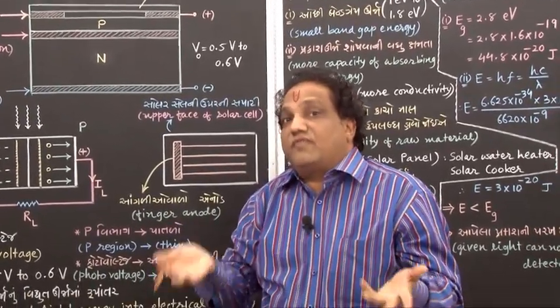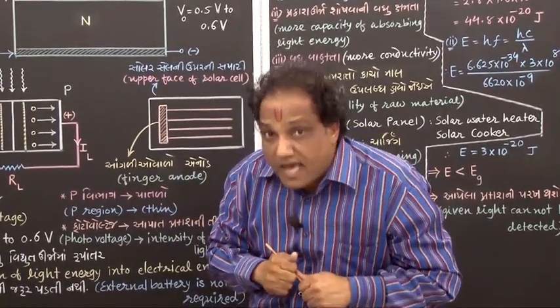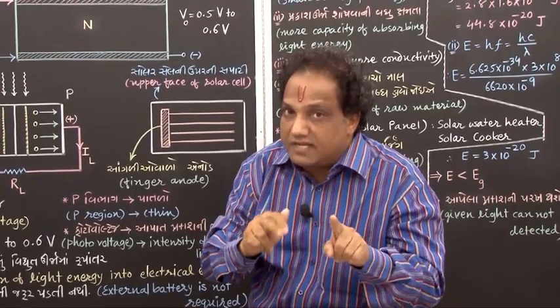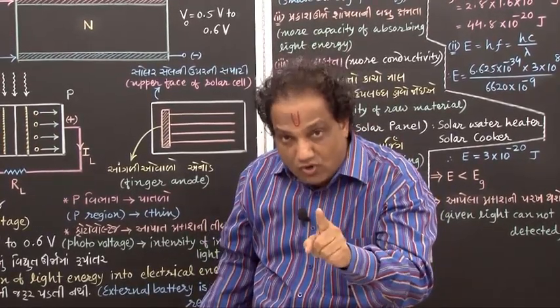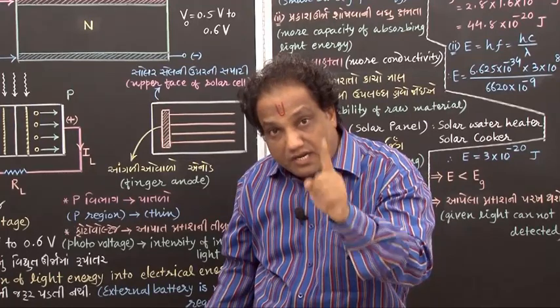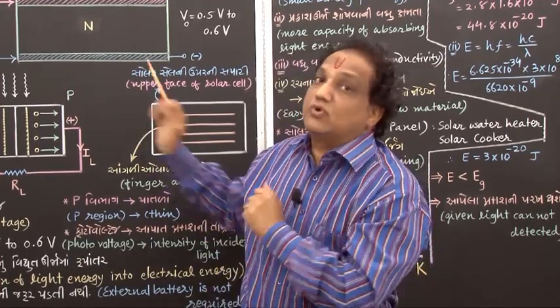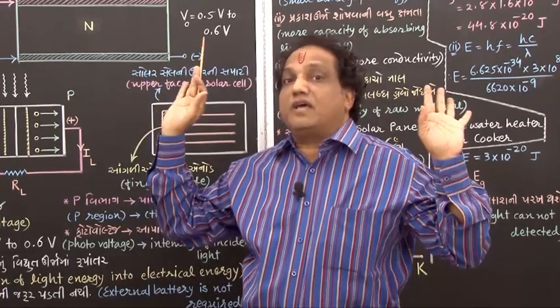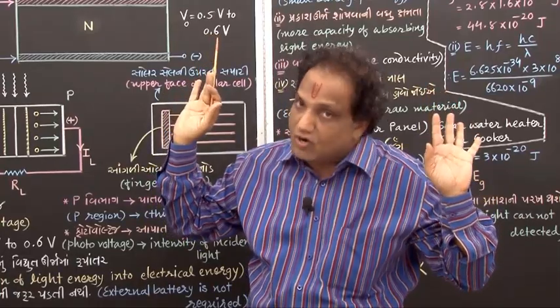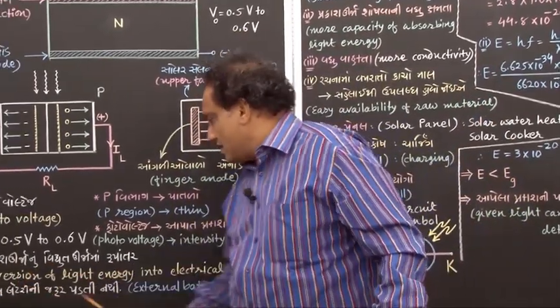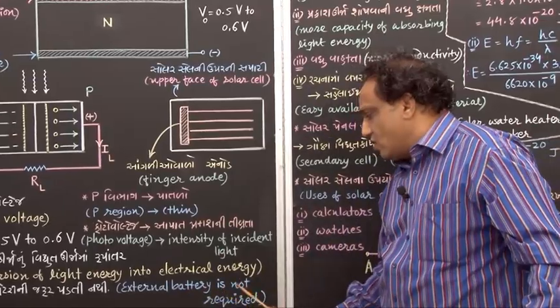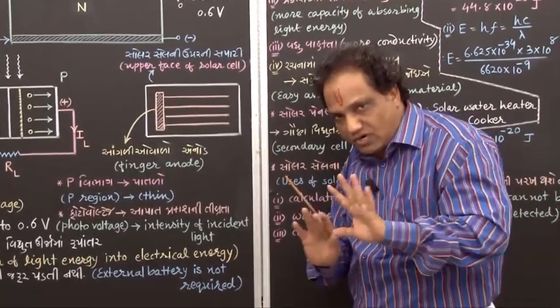Then what is the difference between photodiode and solar cell? The difference is that in case of photodiode, we require an external battery. But here in solar cell, we do not require any external battery. So I have written here, external battery is not required.